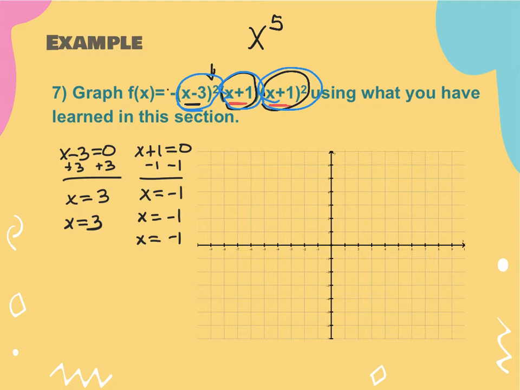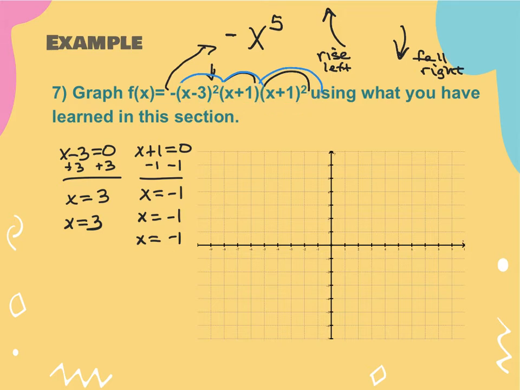And then it had a negative sign in front. So remember, the normal odd behavior would be falling left and rising right, but it's going to rise left and fall right, because it's an odd exponent and it's a negative sign in front. So I'm rising to the left but falling to the right. That's my end behavior.